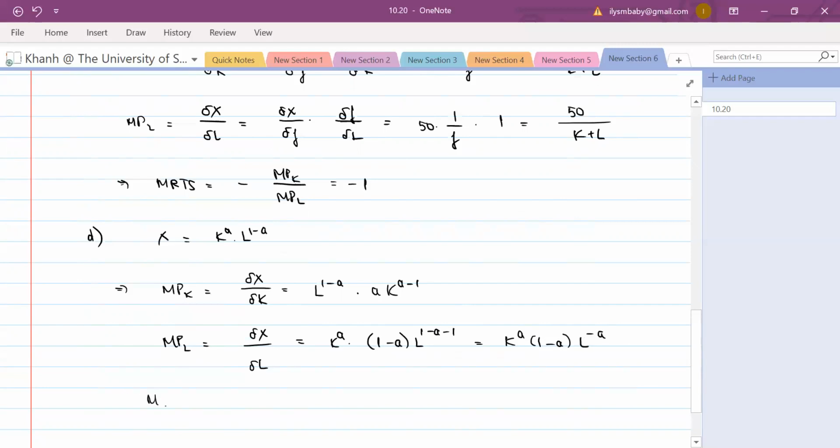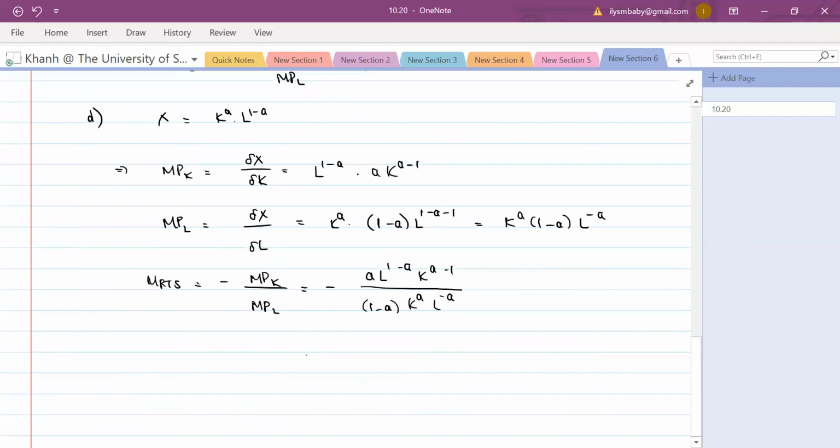So therefore, the marginal rate of technical substitution is the negative of the marginal product of capital divided by the marginal product of labor. So I got a L to the 1 minus a, k to the a minus 1, everything divided by 1 minus a, k to the a, L to the negative a.